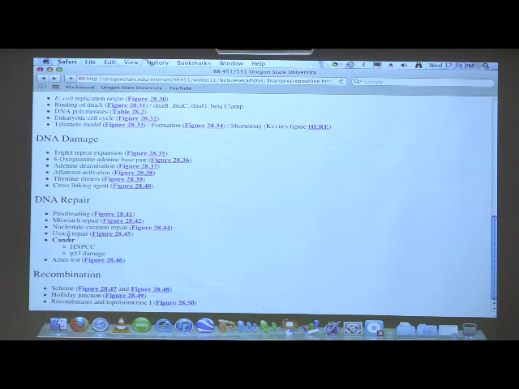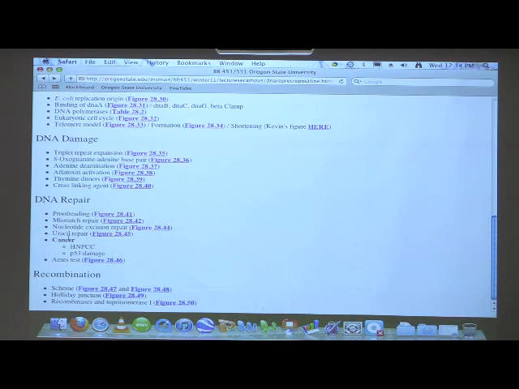P53 is a transcription factor, meaning it's a protein that can bind to DNA, and what it will do at that point is bind to specific promoters in the genome, and those promoters are for genes to repair DNA. So when the replication does not complete properly, P53 stops the cell cycle. It induces the production of repair proteins, and those repair proteins will then go and attempt to fix the damage with the DNA.